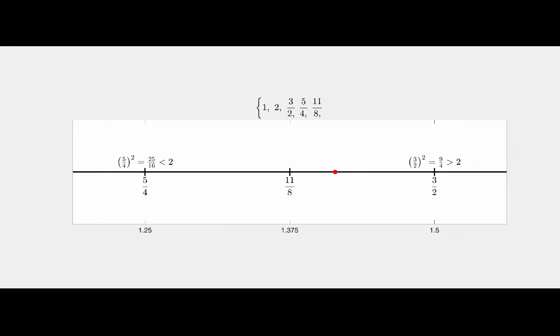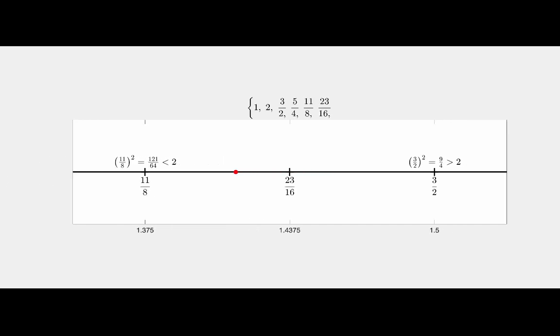So let's zoom in and cut that interval in half, so we get 11/8. Now, 11/8 is still not enough, because 11/8 squared is less than 2. Now, the square root of 2 lies between 11/8 and 3 halves, and that gap is 1/8. So we're getting closer and closer to the square root of 2.